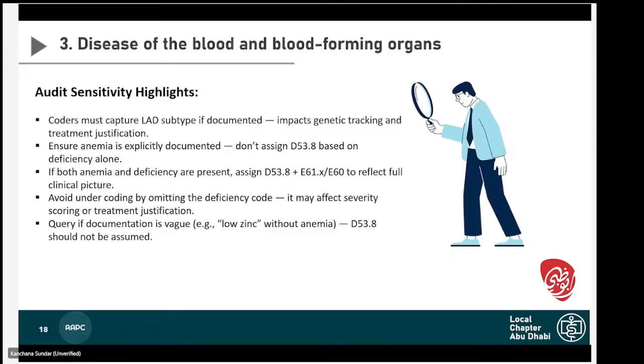Code only whatever is available in the document. Low zinc doesn't lead us anywhere in the alphabetic index. So ensure that you are querying for the document and getting that exact term, which can lead us to the diagnosis.